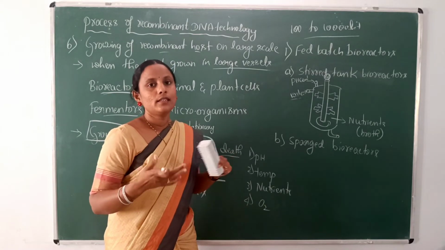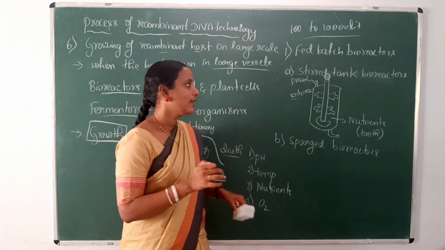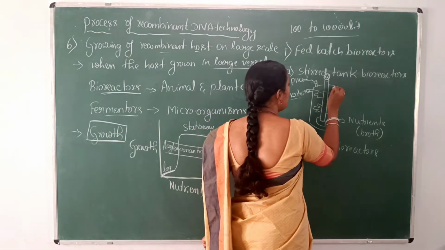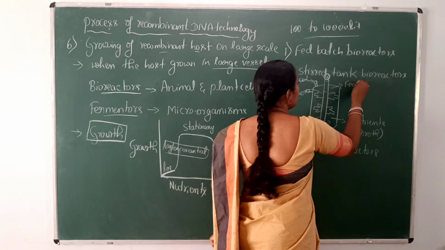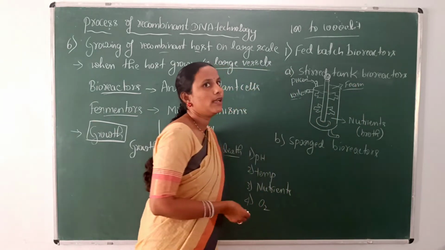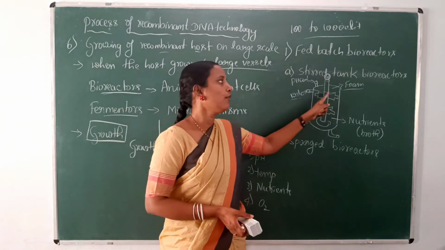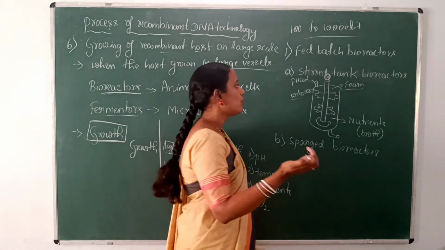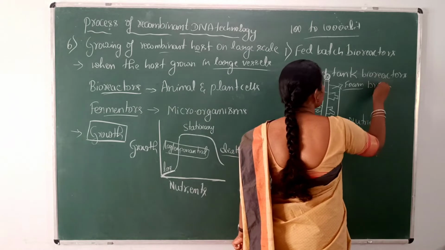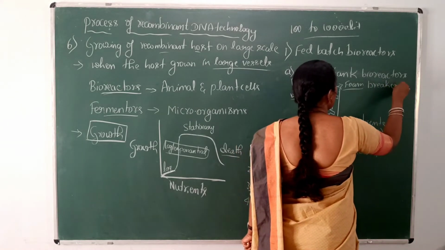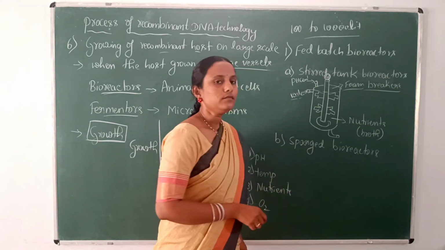So upon the digestion of proteins, there is a creation of foam. This foam may create some problems for the fermentation process. So there will be a foam controlling system. So there are foam breakers. Foam breakers will look after that.